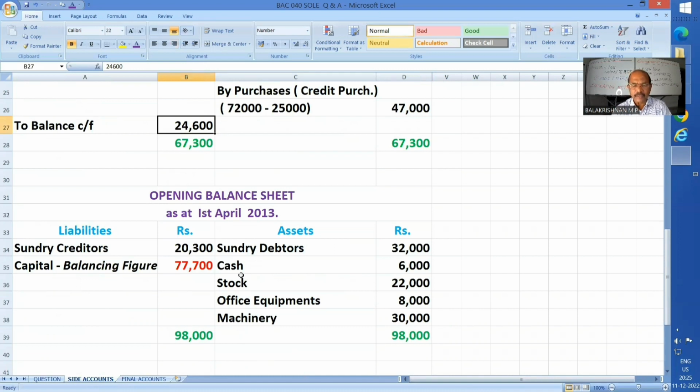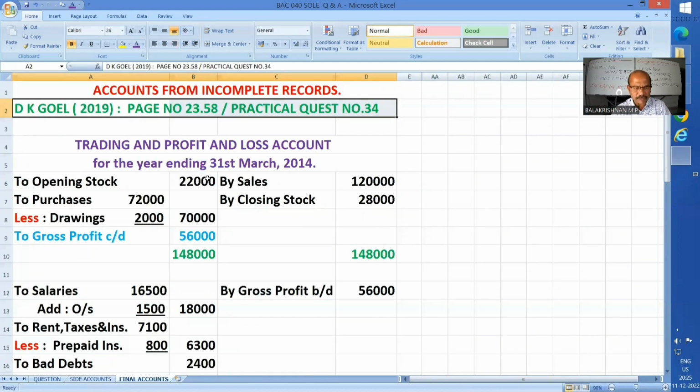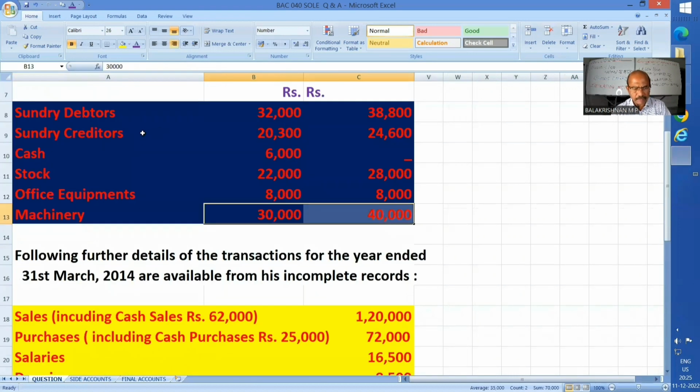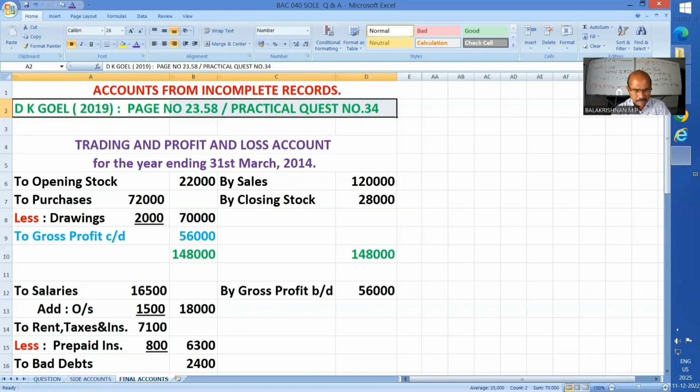Okay. Now, let us prepare the final accounts. Final accounts, first trading account. You know the structure of a trading account. You are an expert by this time. Opening stock, 22,000. I'm showing the opening stock 22,000 there.